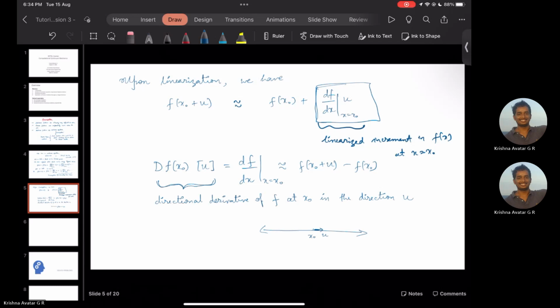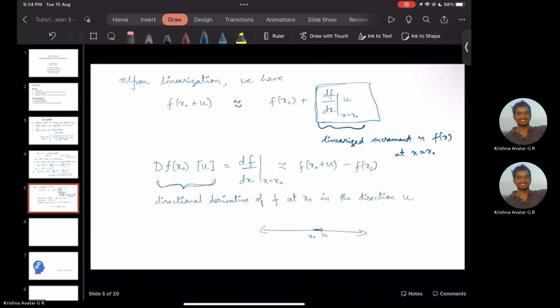We can only proceed along some particular increment in u, so it's just a multiple of u. So that's what we call direction. Direction in the sense that we are just incrementing something as a multiple of u.